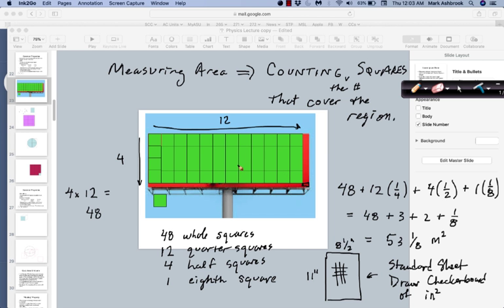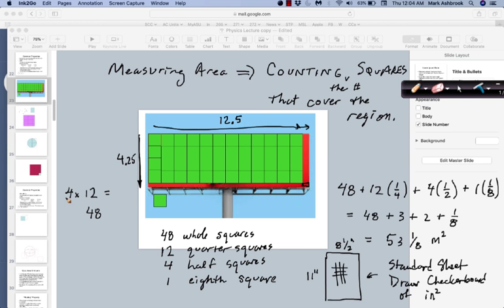But even better than that, instead of just going 4, we said this was a length, a quarter, right? A quarter of a length. So we could say that the whole dimension is 4 1/4. And this whole dimension, all the way to the end, is 12 1/2.